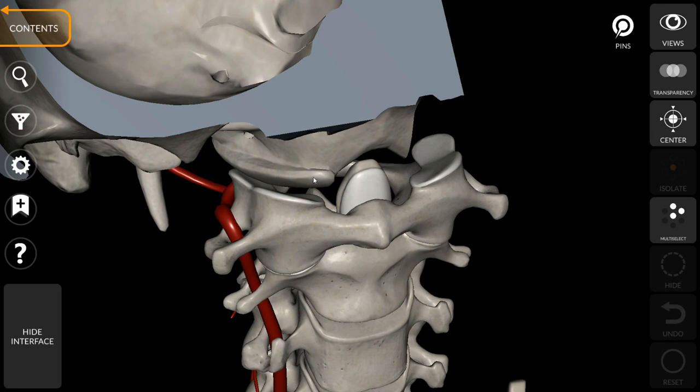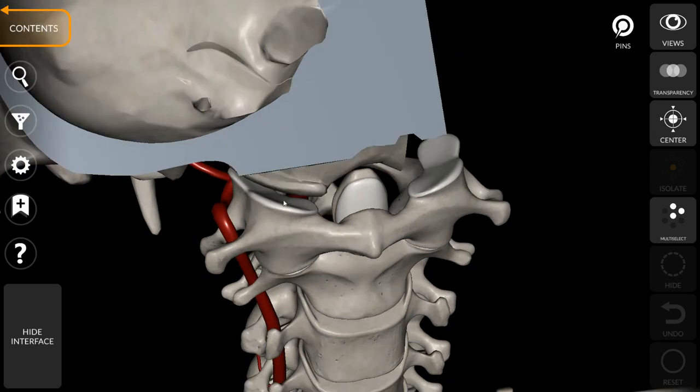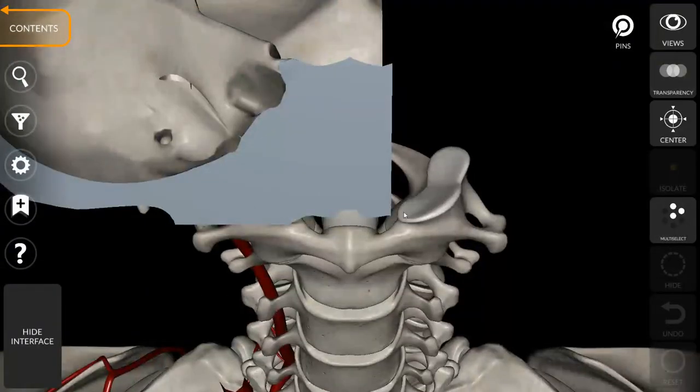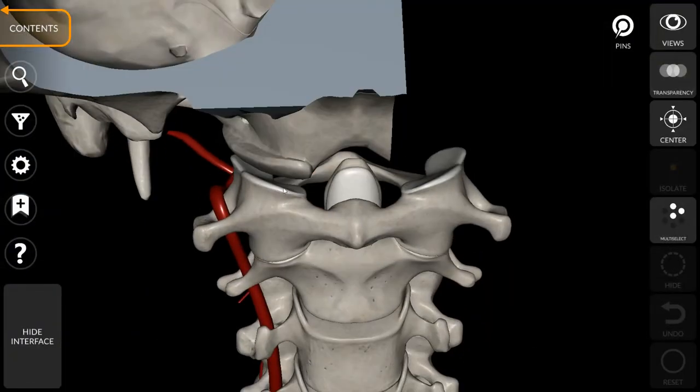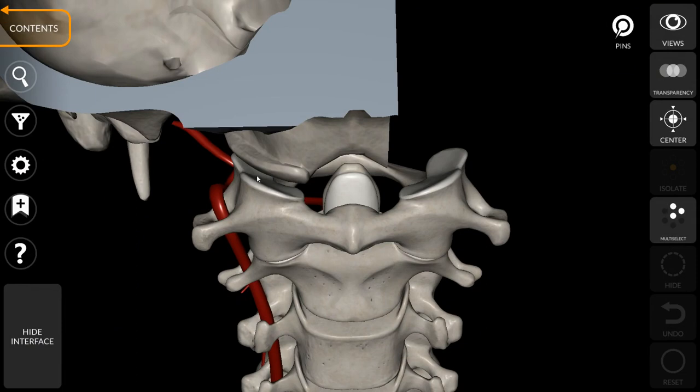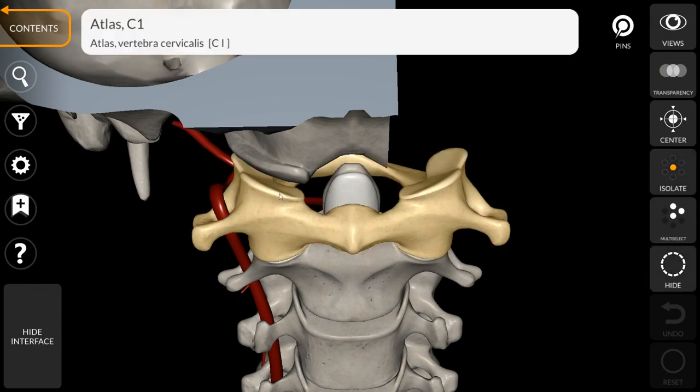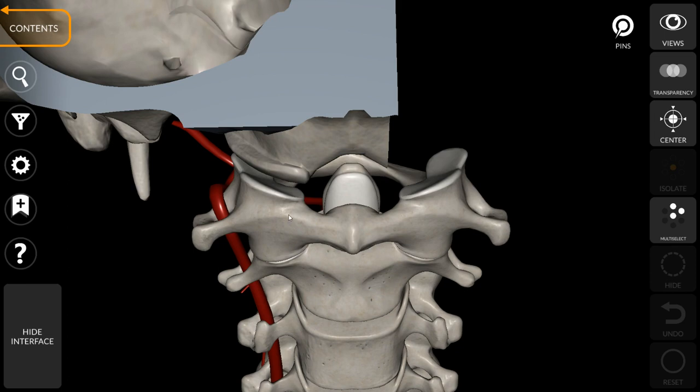The occipital condyle of the occipital bone articulates with the superior articular facets of C1, and this articulation we call the atlanto-occipital joint, class.